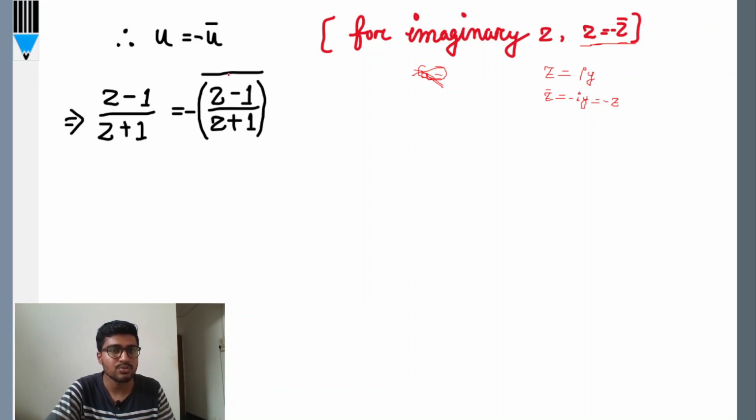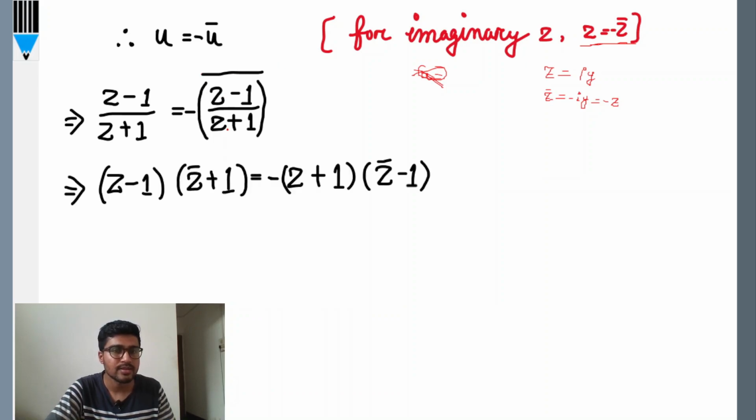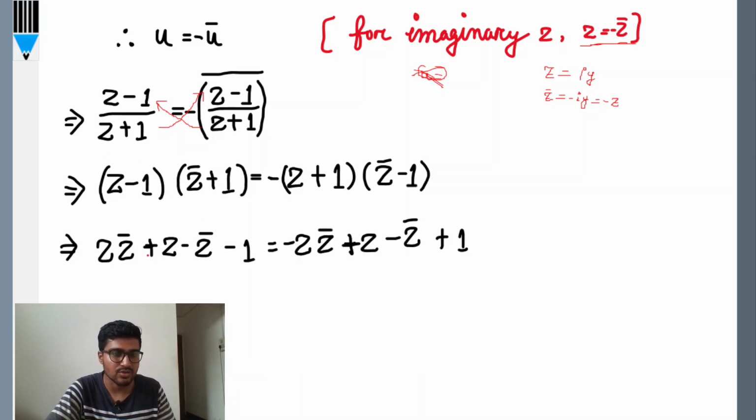Now we remove the bar: (z bar minus 1) by (z bar plus 1), with the minus sign in front, and then we cross multiply. Cross multiplying gives (z minus 1)(z bar plus 1) equals minus (z bar minus 1)(z plus 1). So again we'll open this and then try to solve it.